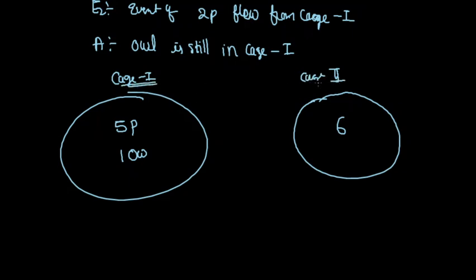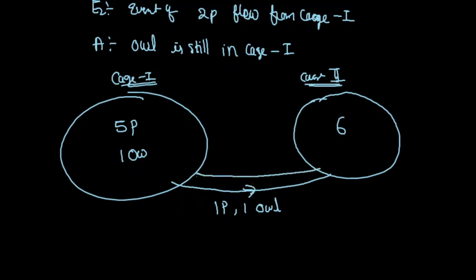Now 2 birds flew from cage 1 to cage 2. Let us say the first 2 birds are one parrot and one owl, and they flew back, the same one parrot and one owl.